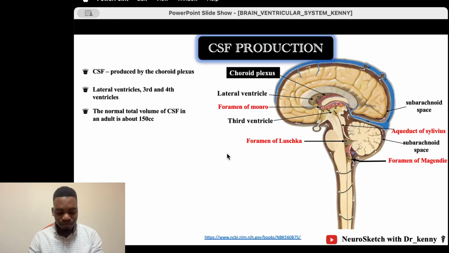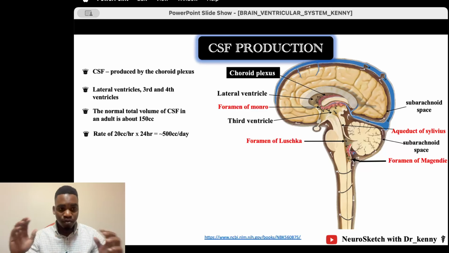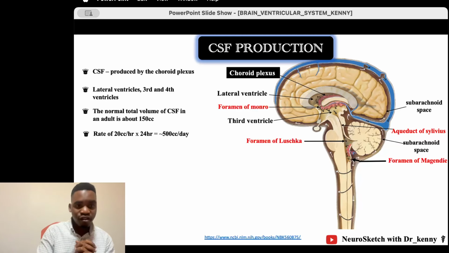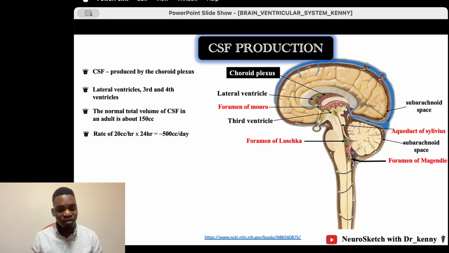But the rate of production, the rate of secretion of the cerebrospinal fluid, is approximately 20 cc per hour, 20 mils per hour. So in a span of 24 hours, an average adult can produce 500 cc of the cerebrospinal fluid.